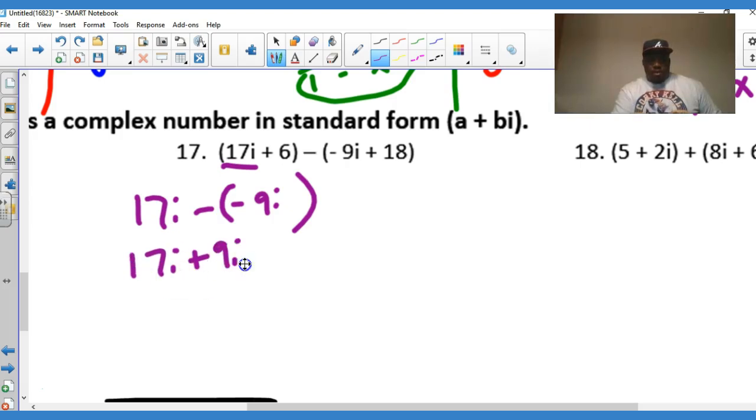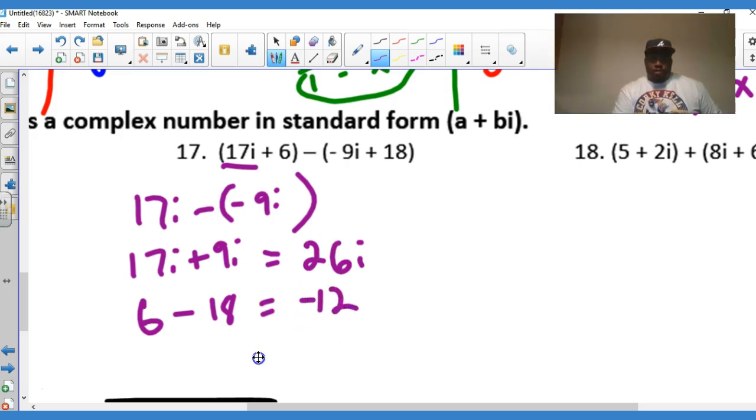So 17i plus 9i, 17 plus 9, is going to be 26i. And then I have 6 minus a minus 18. All right, 6 minus 18, guys, is definitely going to be negative 12. So our final answer is negative 12 plus 26i.